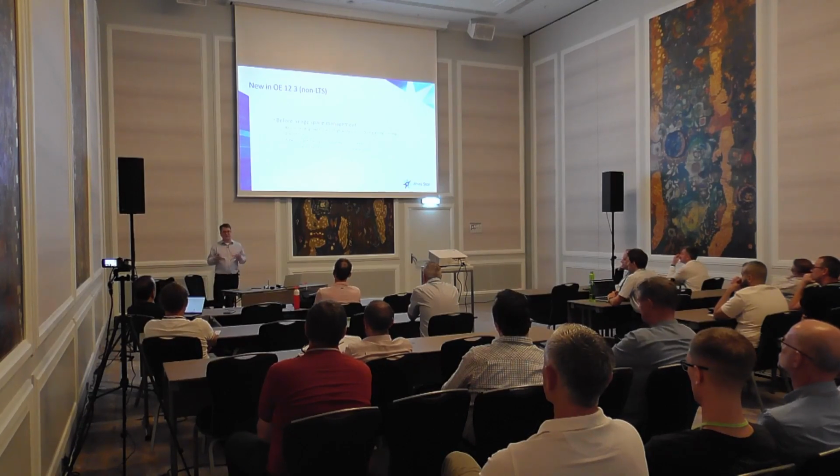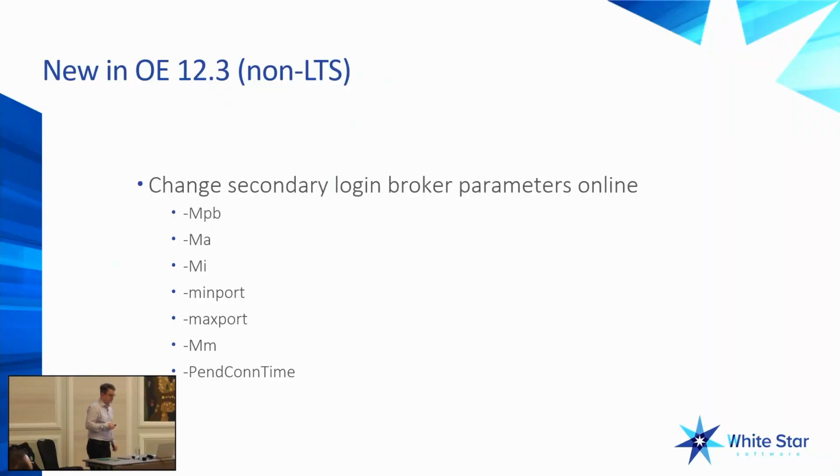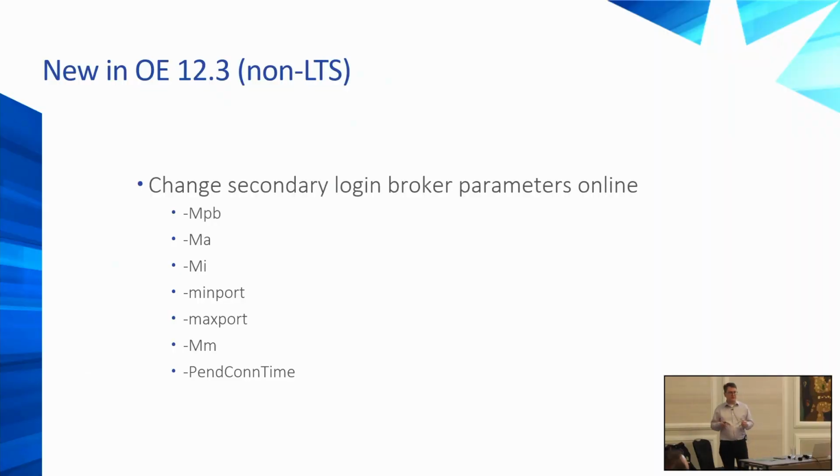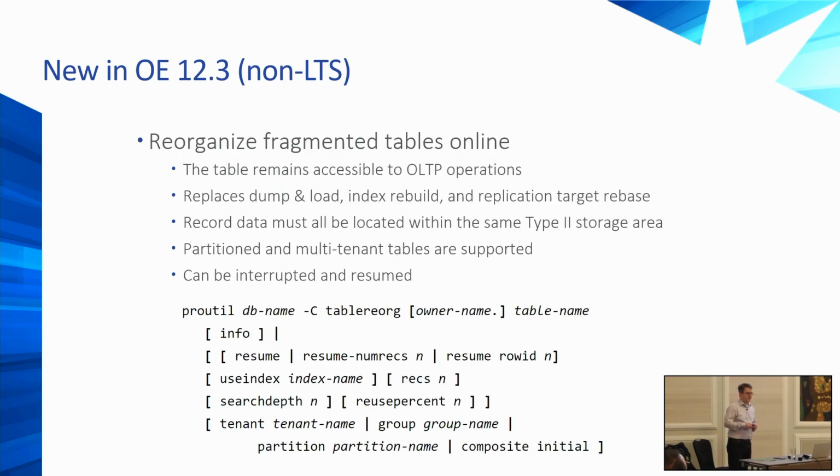So it does have to grow eventually if the transaction lasts long enough, but this is a way of just being more efficient about when we grow. Also, some client-server parameters on secondary brokers can now be adjusted online in Promon in 12.3.